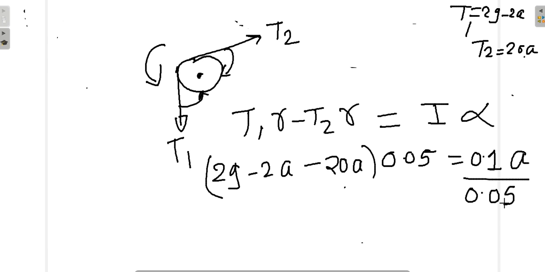So now we have to do this calculation here. So 2g minus 22a is equal to 40a.